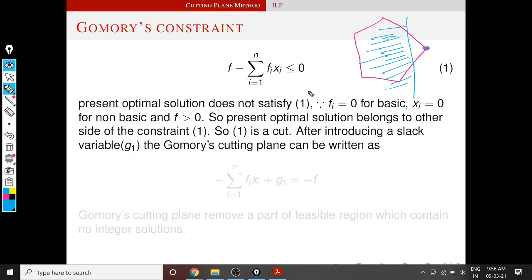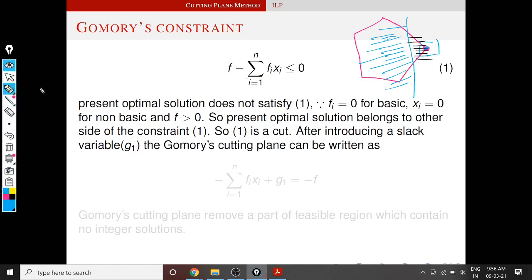Again we confirm that our present optimal, non-integer solution doesn't satisfy this inequality. That means by introducing this inequality, we remove this part of the original feasible region. So that is the idea of the cutting plane method.